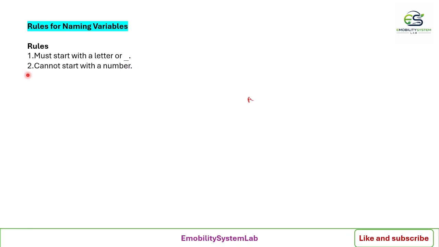And the second rule says your variable cannot start with numbers. It is very important to understand that a variable should start with a letter or underscore. A variable should not start with numbers.